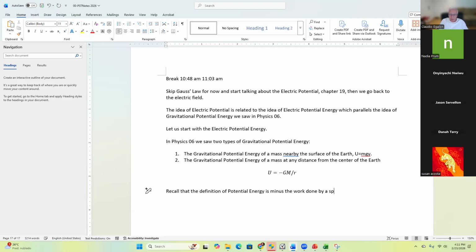There are contact forces and non-contact forces, but there's another way of classifying forces as well. A special type of force that we call the conservative force. Recall that the definition of potential energy is minus the work done by a conservative force. Not every force is a conservative force.